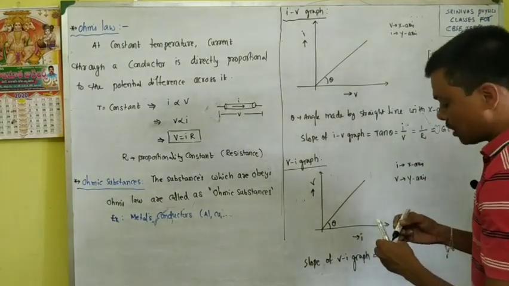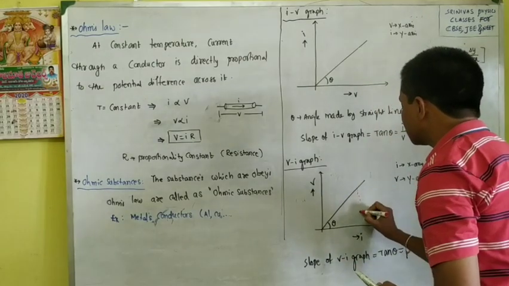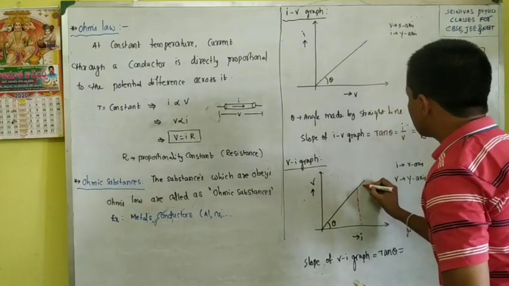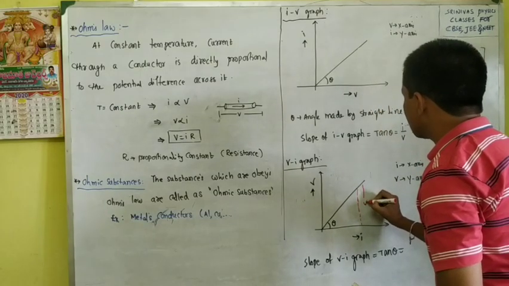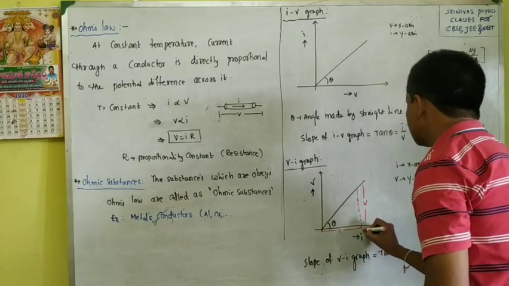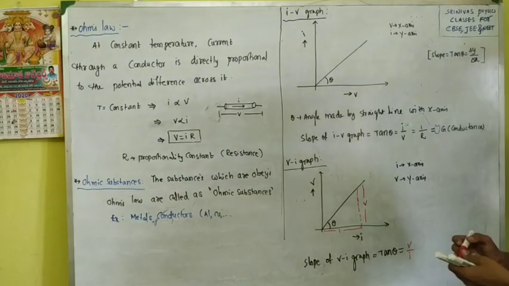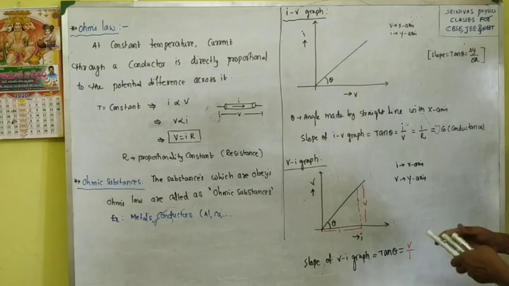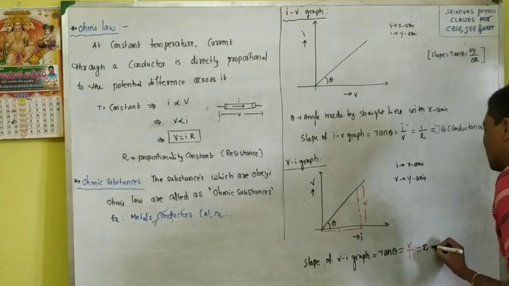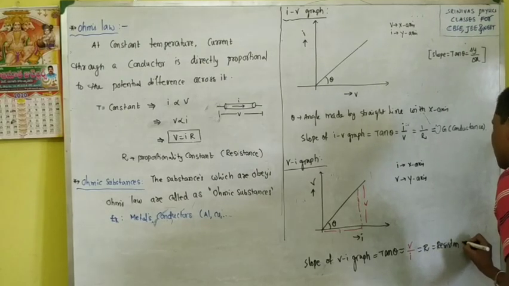Take some point like this: this indicates some voltage and this indicates some current, right? And we get tan theta equal to V by I. V by I is nothing but R according to Ohm's law. That means it gives the resistance. You must remember that.